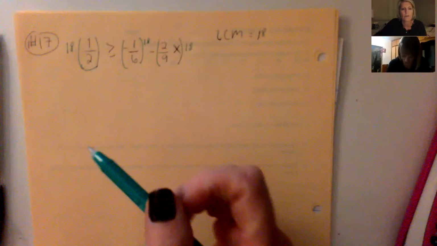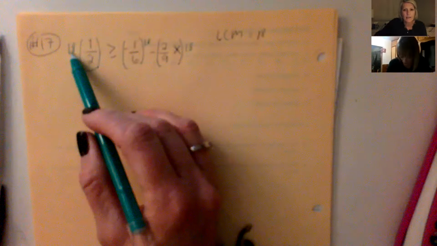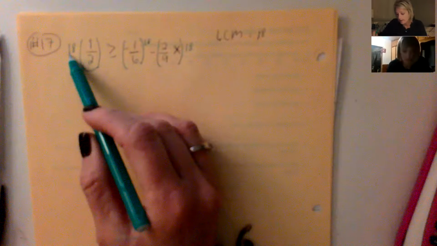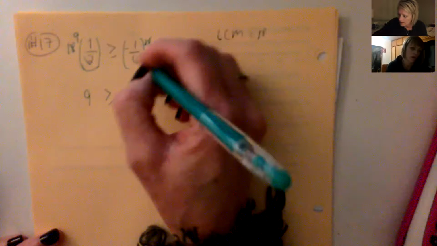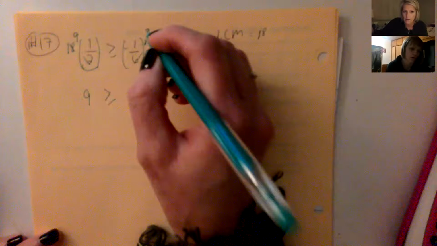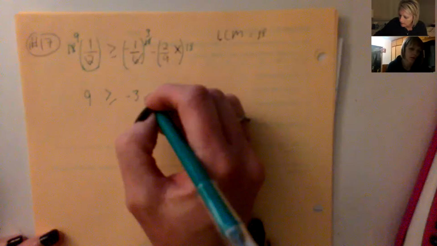So then it's just a simpler equation to work with. So 2 divides into 18, or 18 divides by 2, and we're left with 9. So 9 times 1 is 9, greater than or equal to 6 goes into 18 by 3. So we have a -1 times 3 is a -3.